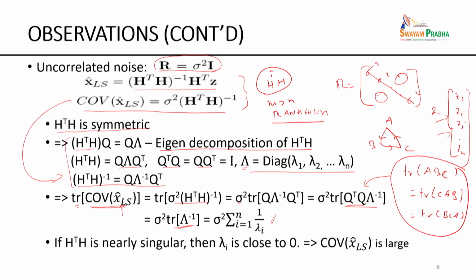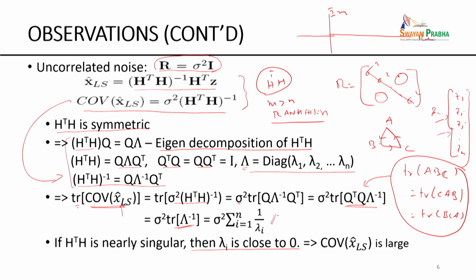Now look at this. The matrix is SPD, right? So this is the real axis, this is the imaginary axis. Being SPD, the eigenvalues are real. The eigenvalues may be real, but lambda n, which is the smallest eigenvalue, can be very close to 0. If the smallest eigenvalue is very close to 0, it's very nearly singular.